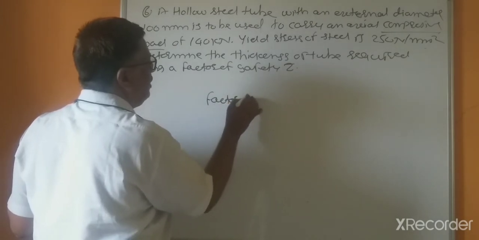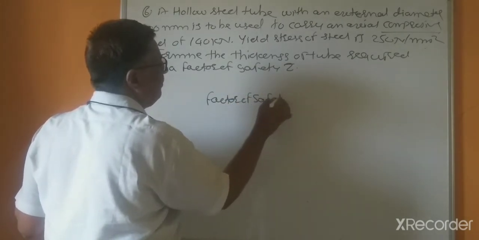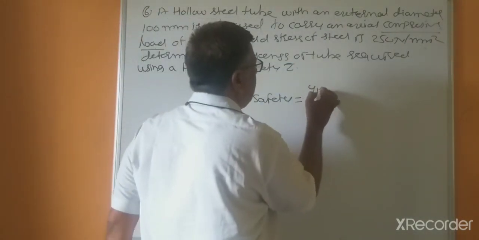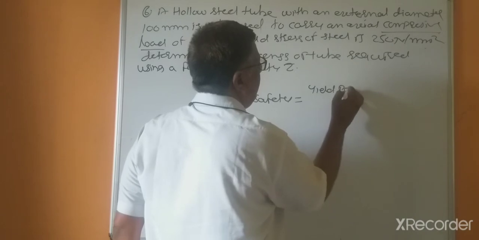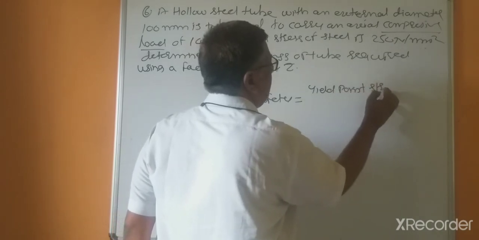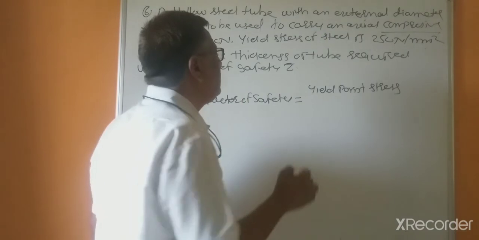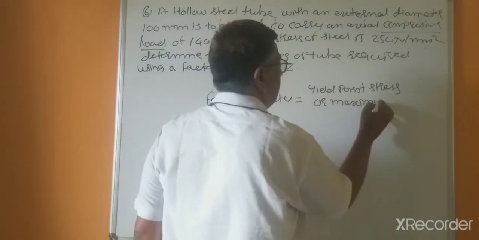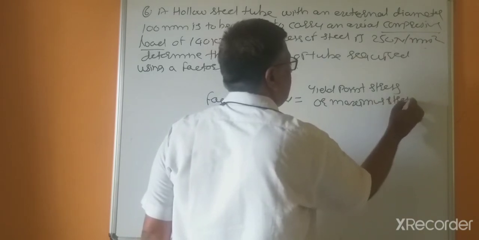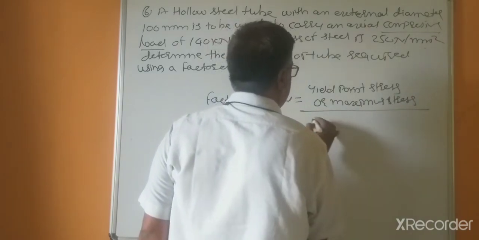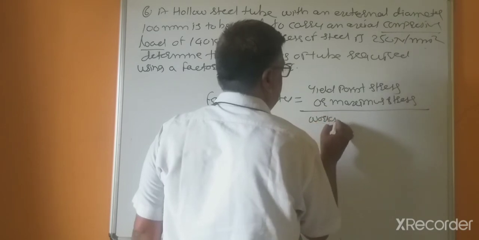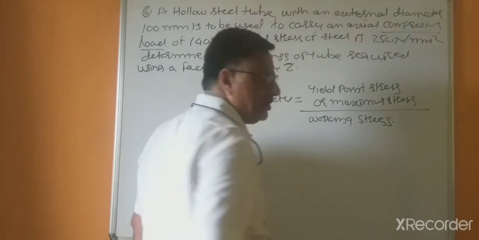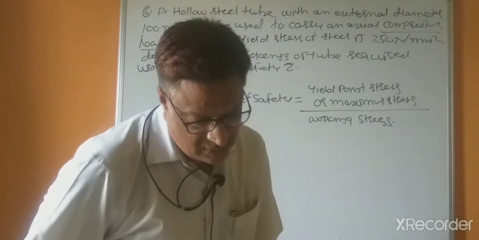Factor of safety is equal to the yield point stress, or maximum stress, divided by the working stress, which we can also call the allowed stress.